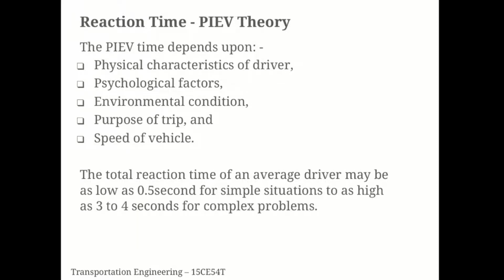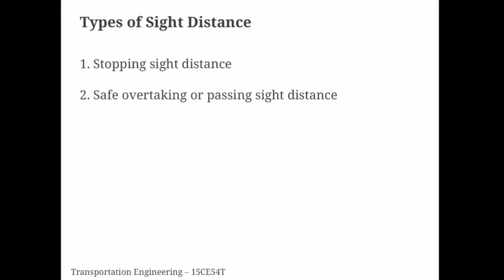The PIEV time depends upon physical characteristics of the driver, psychological factors, environmental condition, purpose of trip, and speed of vehicle. The total reaction time of an average driver may be as low as 0.5 seconds for simple situations to as high as 3 to 4 seconds for complex problems.